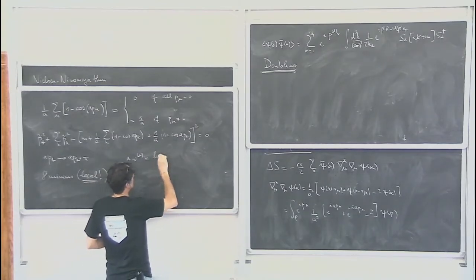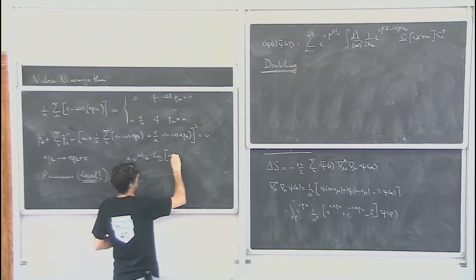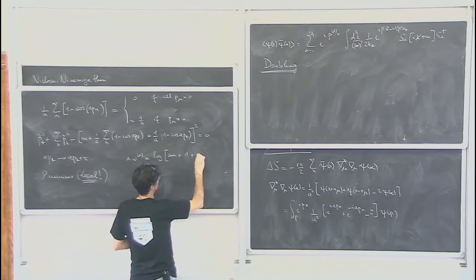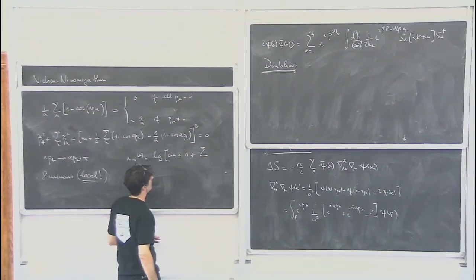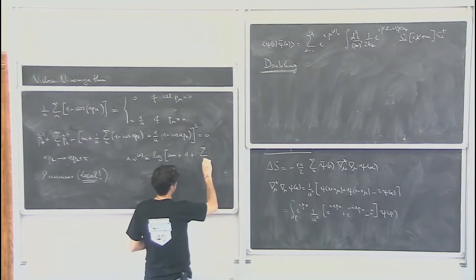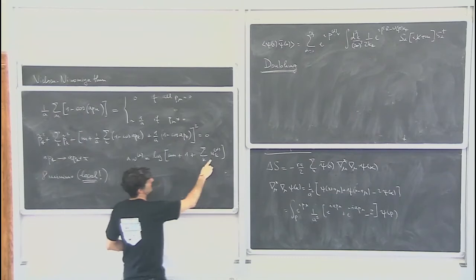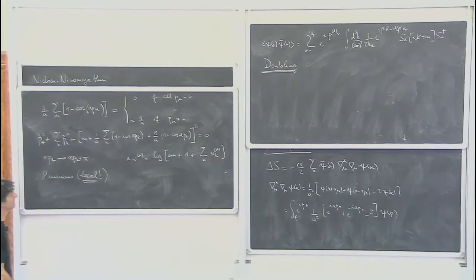Now it is the log of AM plus 1 plus the sum over K of NK alpha. And again, these are only spatial indices.